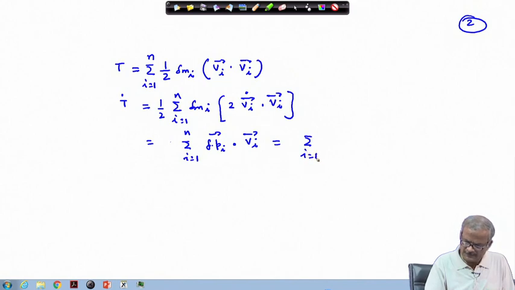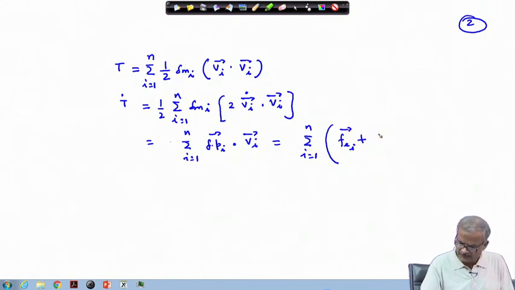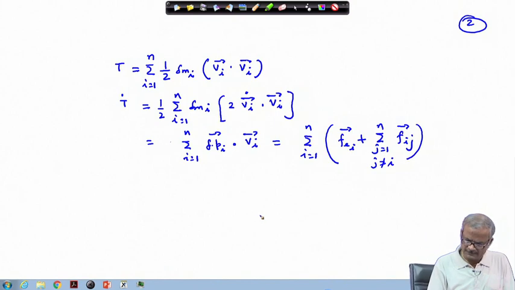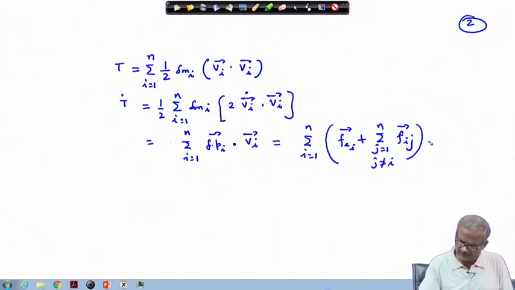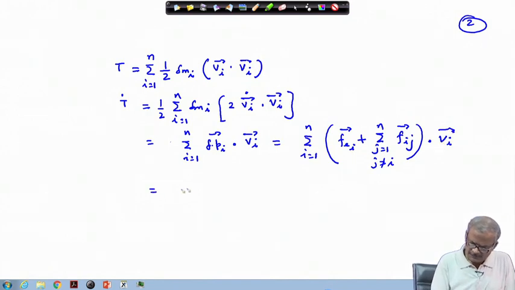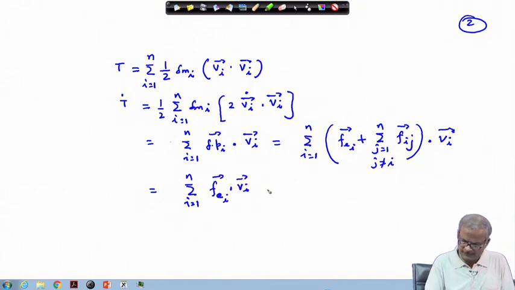So, this is sum over i equal to 1 to n, and delta P_i dot equals F_E_i plus sum over j equal to 1 to n, j not equal to i, F_ij, and then dot V_i. So, this will be sum over i equal to 1 to n of F_E_i dot V_i, and plus.